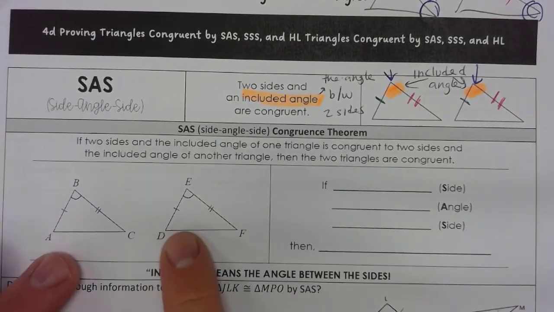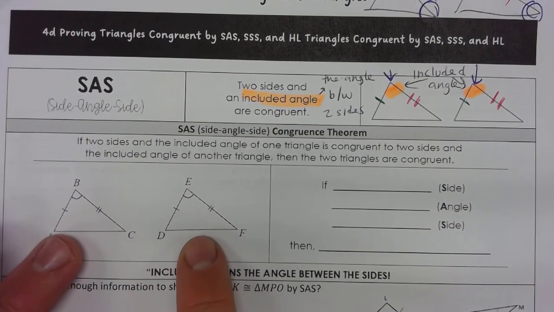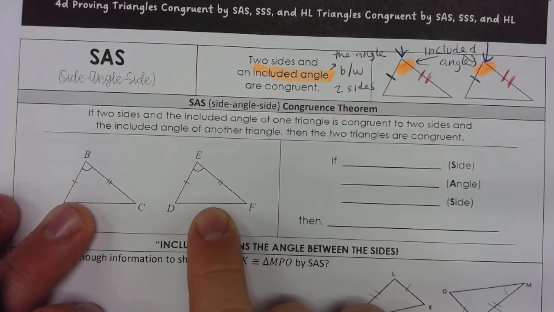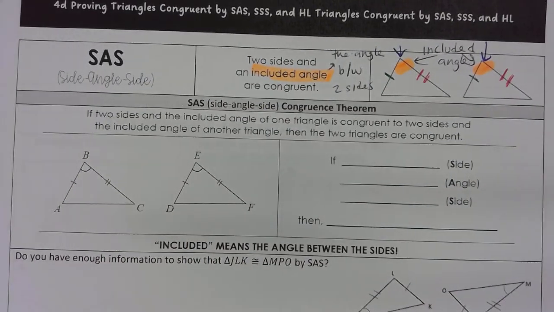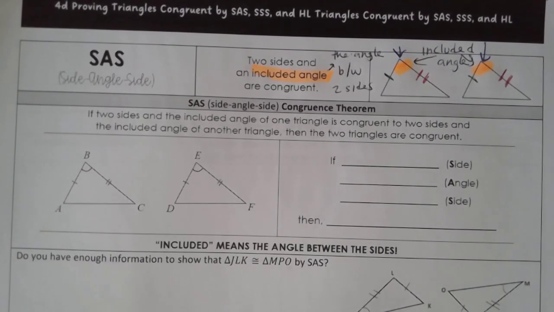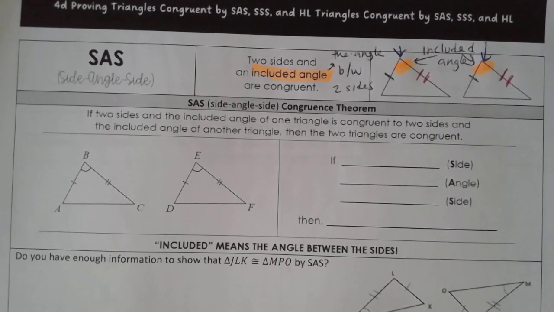Okay, so let's look at a picture here. If I'm looking at these 2 triangles, let's see if we have enough information to get a side, an angle, and a side that's actually congruent here. Is there a side on both triangles, Emma, that has at least the same amount of tick marks?